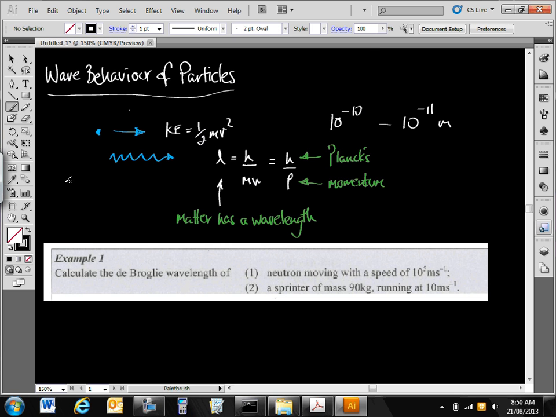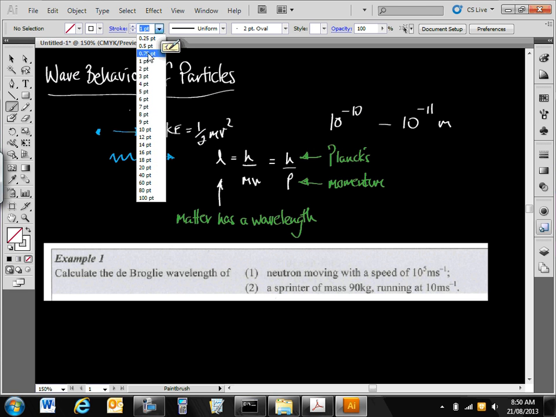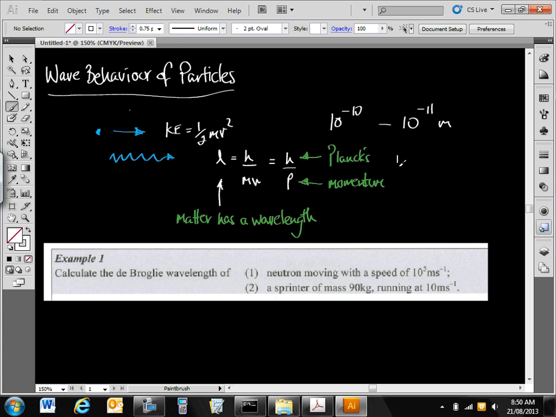We call this the de Broglie wavelength. So the wavelength of matter.